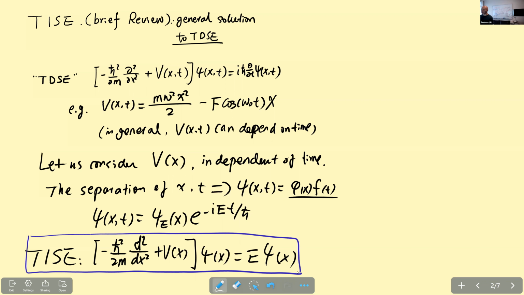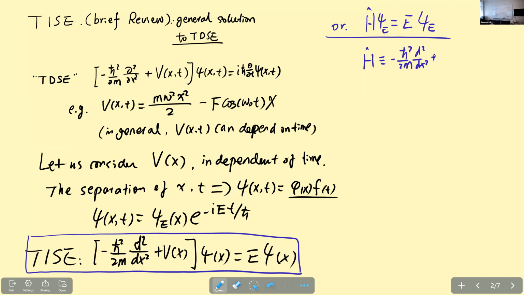Of course, you can also write this in a shorthand notation, so this way you have a more concise notation. And this H is an operator. You can also write it as the momentum operator squared over 2m plus V as a function of the position operator.